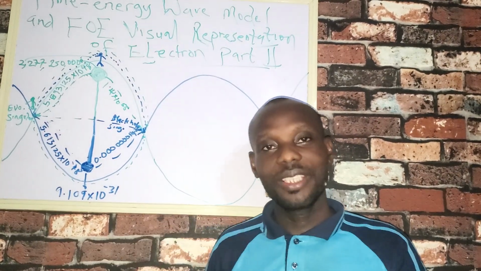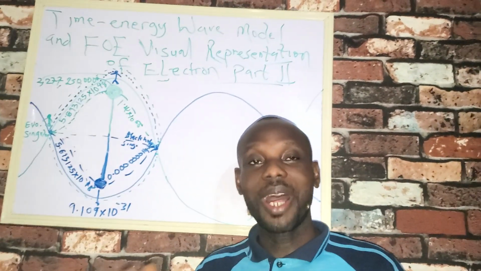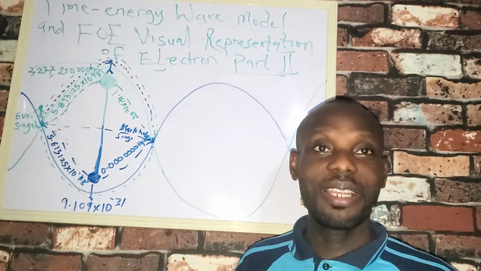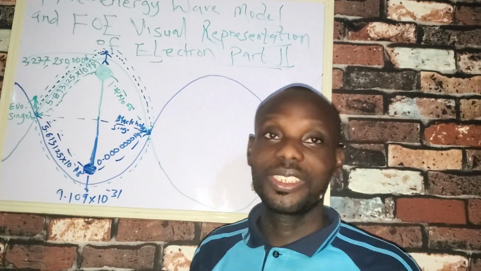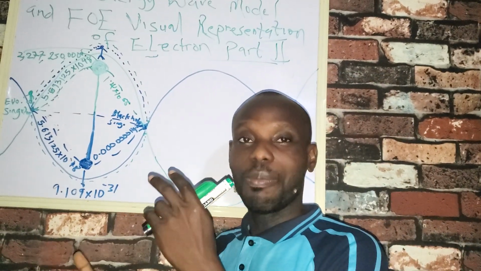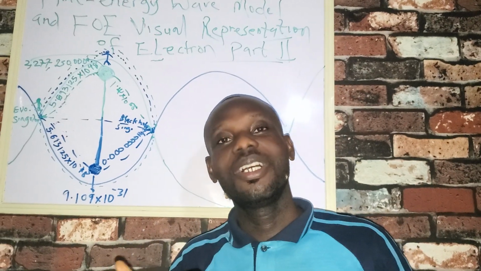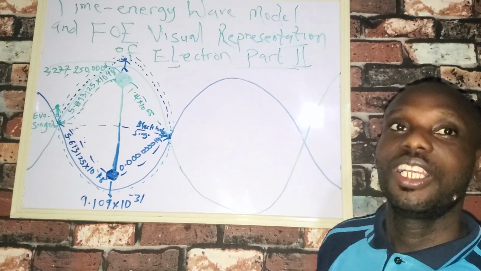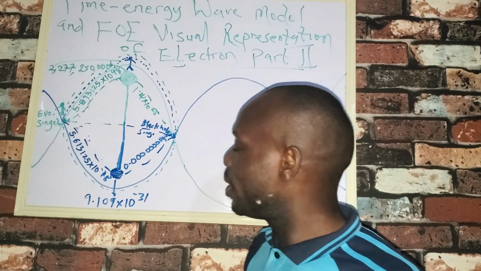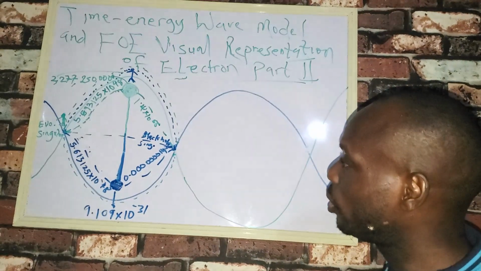Science is based on symmetry, which is CPT symmetry, which means parity symmetry, time reverse symmetry, and other symmetries. But I want to focus more on the parity, PT, which is the parity and time reverse symmetry. So we're going to explore the diagram on the board to do justice to that.